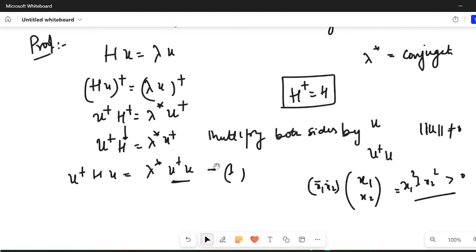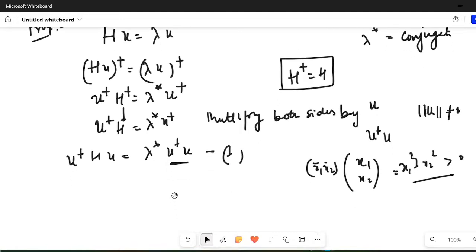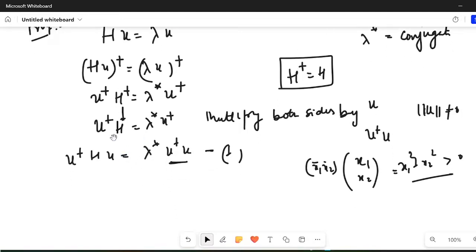If I do the same operation here also, we have multiplied with U on both sides. I think I have missed something somewhere.